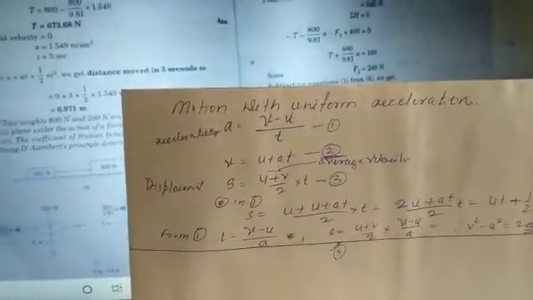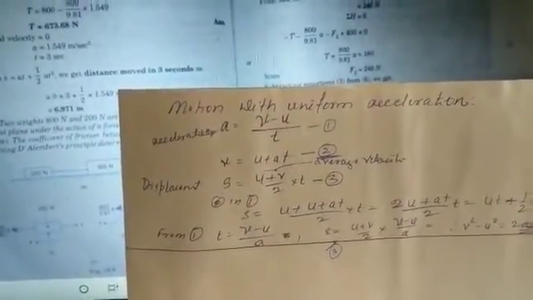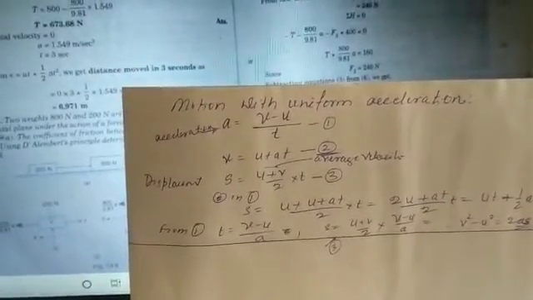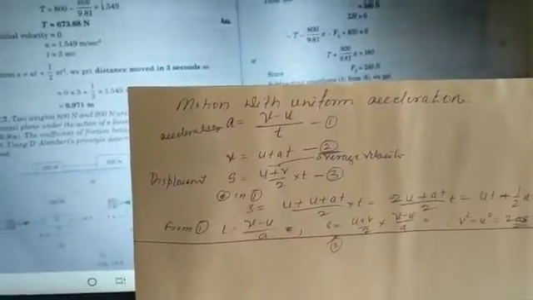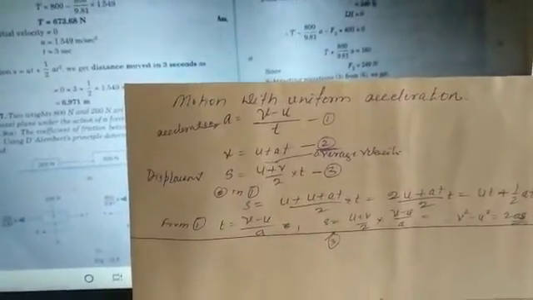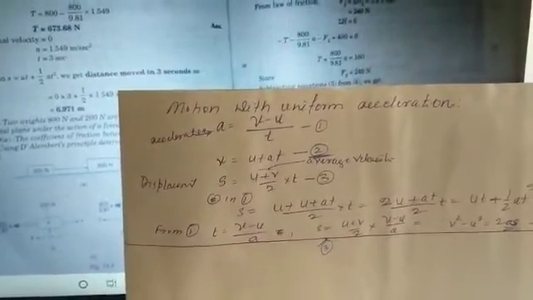Similarly, for displacement, if a particular body moves from place A to place B, then how much distance it has traveled can also be worked out by equation number 3.